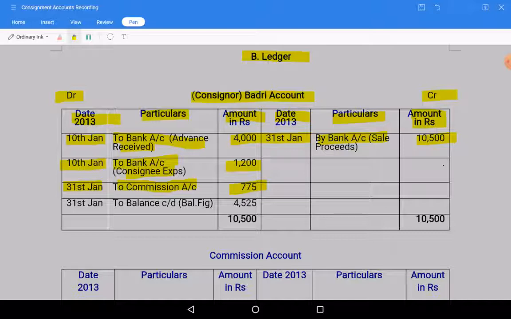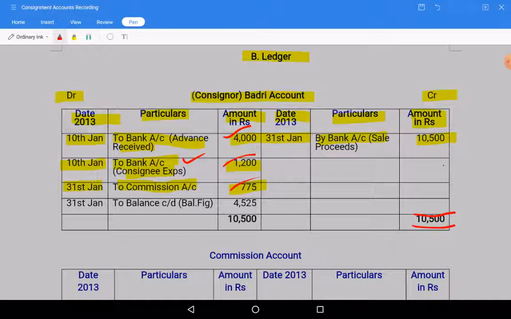Okay. Credit side it is 10,500. Debit side we are having lesser amounts. Credit side it is more, 10,500. Debit side 4,000, 1,200, 775.